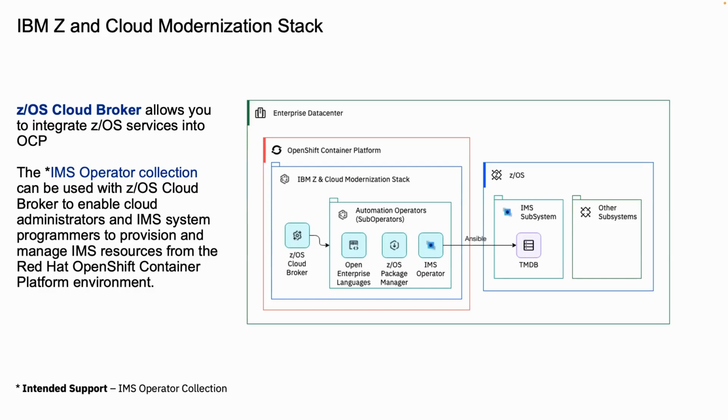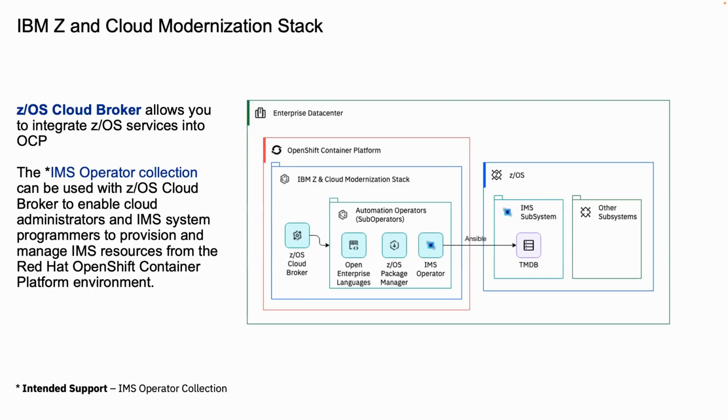Alongside that, with the Cloud Broker, you are able to manage your different z/OS target environments, establish connections, and manage your different users, authority, and credentials that you are going to be connecting into those environments from OpenShift.